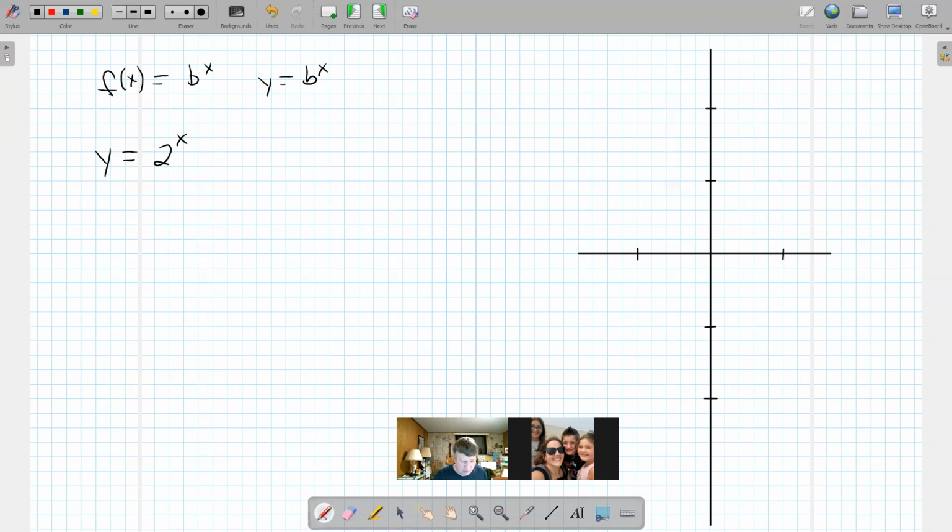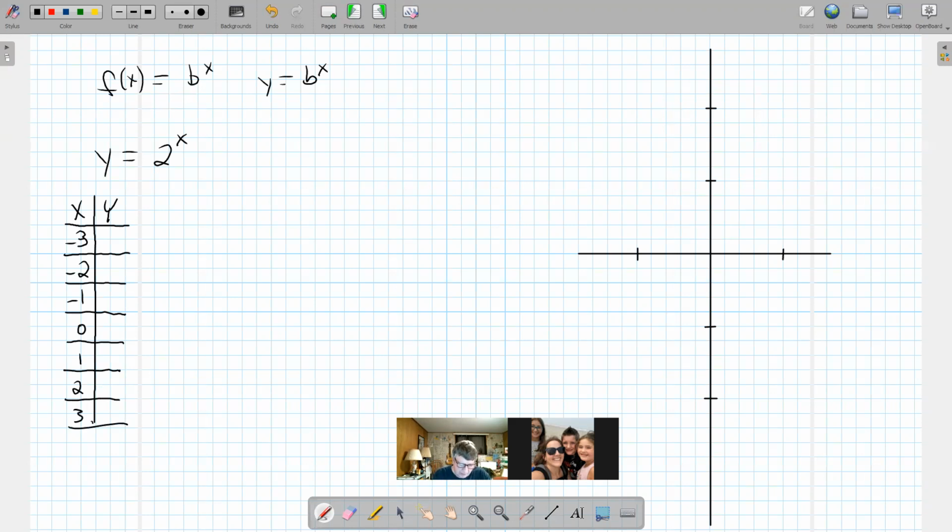So let's see what we get when we make a table of values. As I've done in the past, when I'm exploring a new kind of equation or a new kind of function, I start with ordered pairs with x values going from -3 to +3.